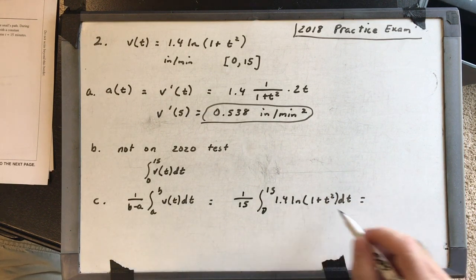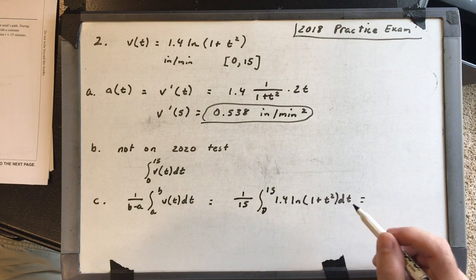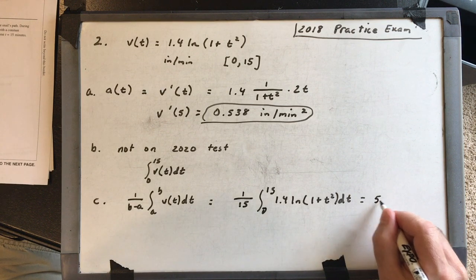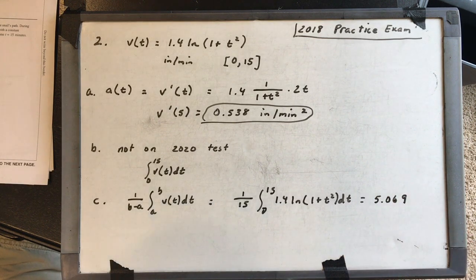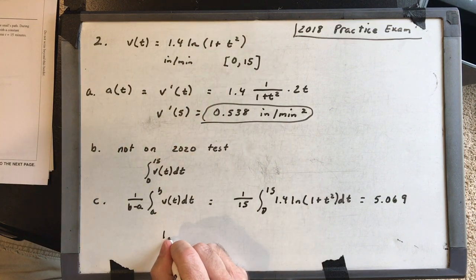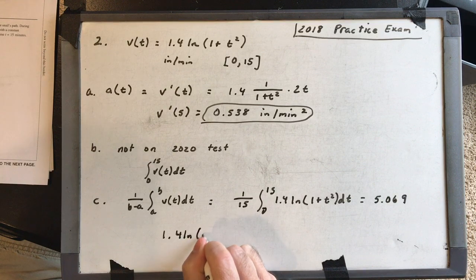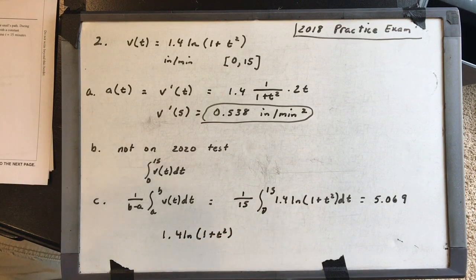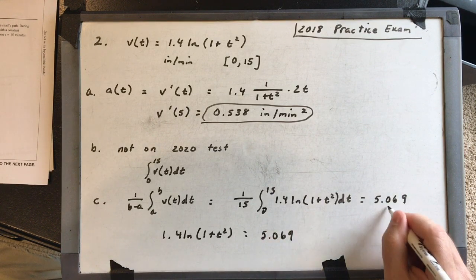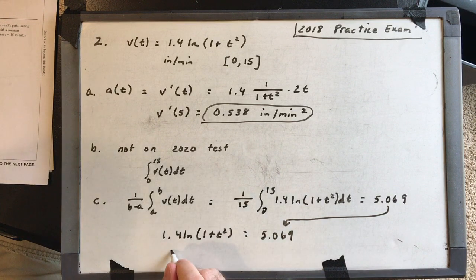This one is difficult enough we'd have to use a calculator, but they would give you one that's easier to integrate, one that you can do by hand, but this would be 5.069. So when does the instantaneous velocity equal the average velocity? What you would do then is set v of t, 1.4 natural log of 1 plus t squared, equal to 5.069, and then solve.